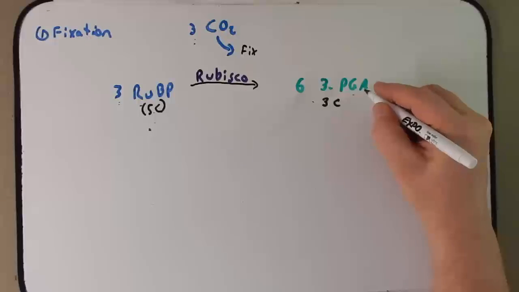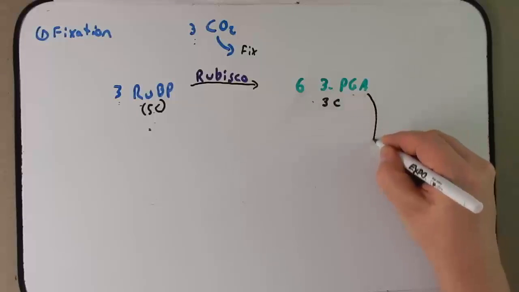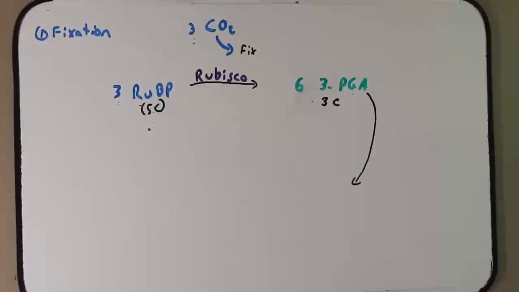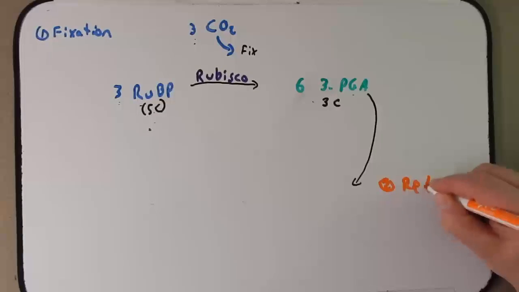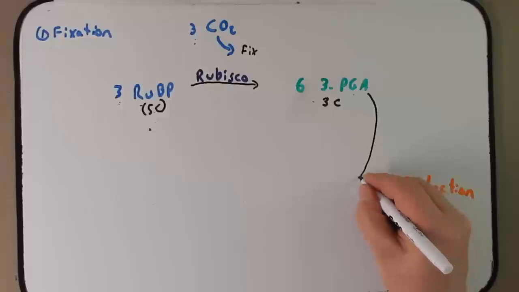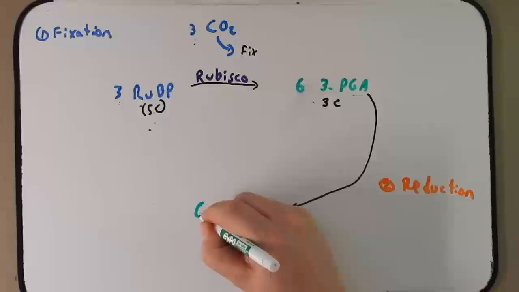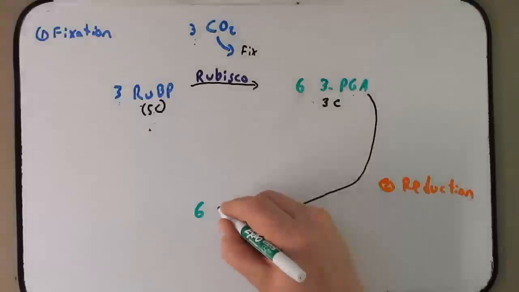Now the 3-PGA molecules are going to be involved in this next phase of the Calvin cycle. And this phase, remember, was called the reduction phase. And it's going to make 6 molecules that we're going to call G3P.